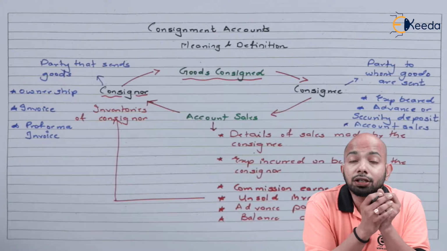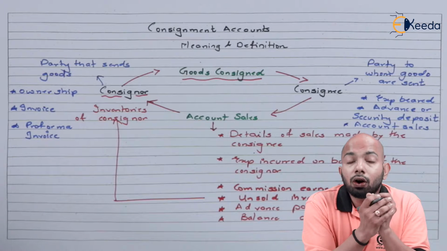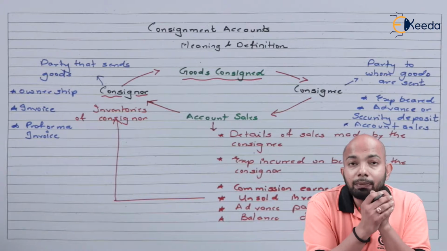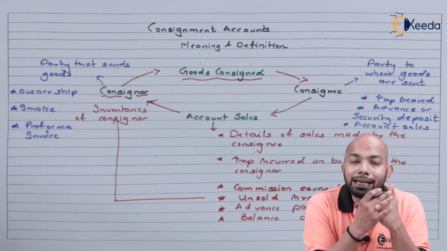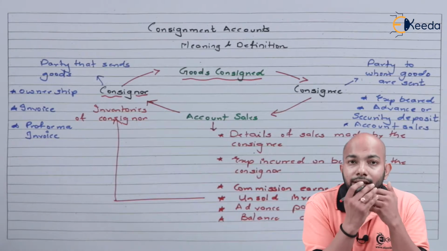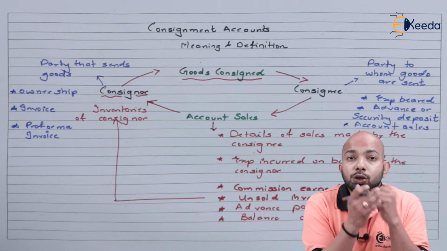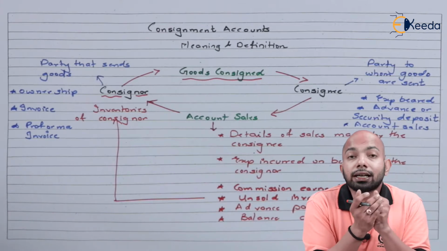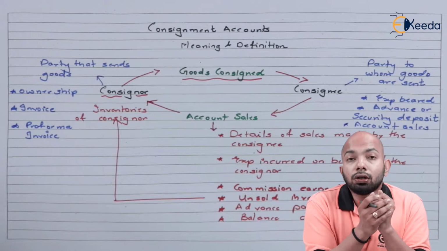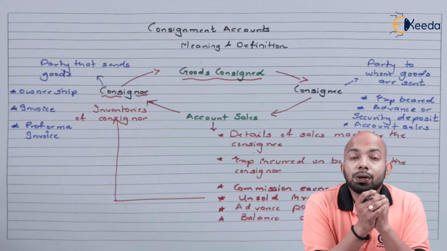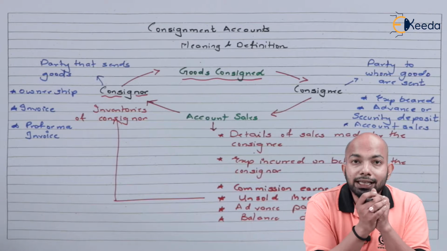That is the commission that you earn. On the basis of this commission, I make sure that my sales are upgraded because I cannot reach everywhere. Hence, I make sure my agents, like you being a consignee, sell out those goods which I am supposed to sell in the first place. Hence, this is called a consignment account.